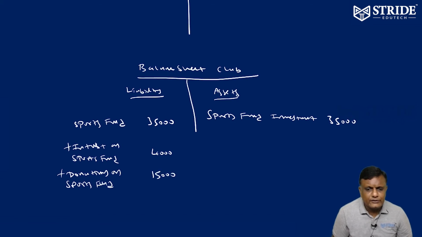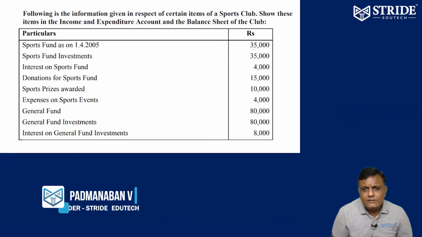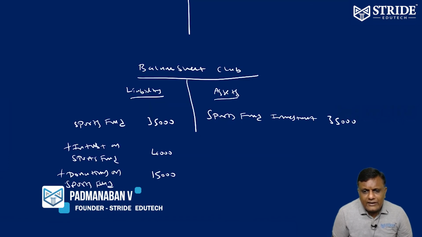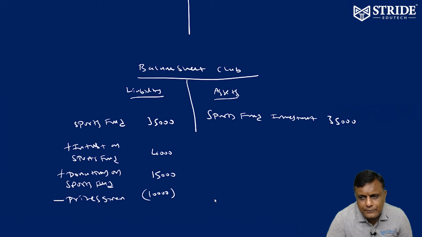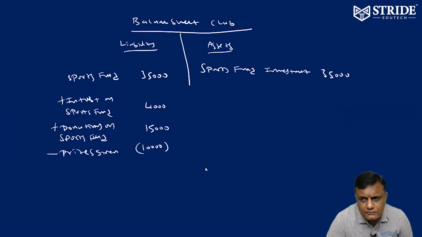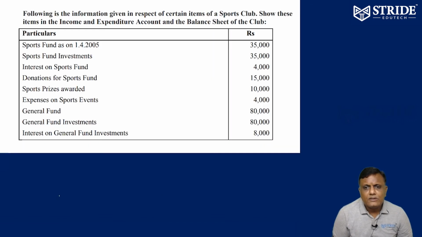Right. Any sports prize awarded? How much? 10,000. We take the money from the fund and give it for prizes, correct? Therefore, prizes are given from the sports fund. So 10,000 awarded, 10,000 to be subtracted. Next one.